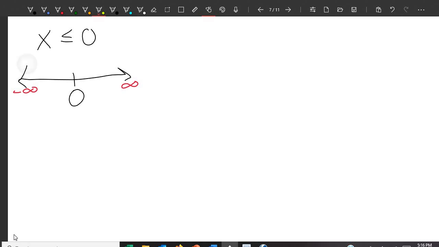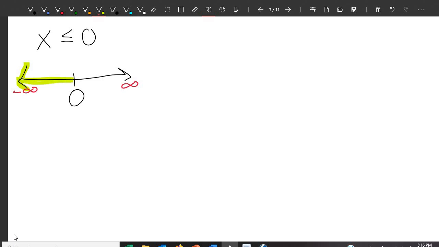Let's say I have x is less than or equal to 0. Well, draw my number line, mark off my 0. Now, label the infinity symbols. Now this time we're less than or equal to 0, so less than goes to the left.